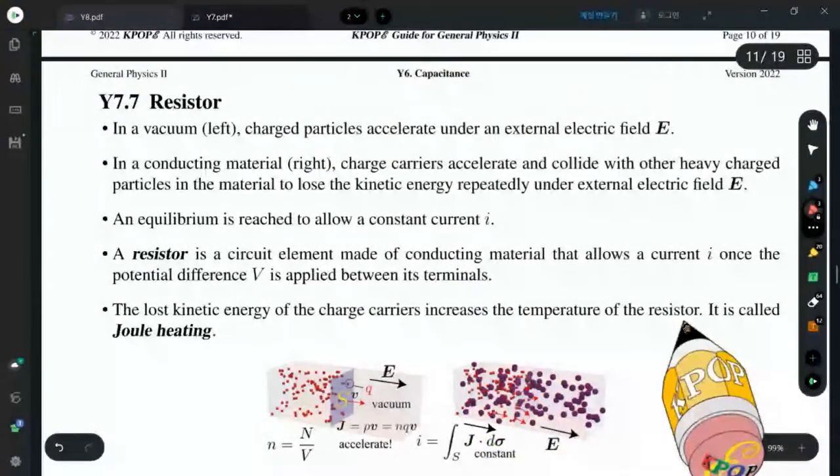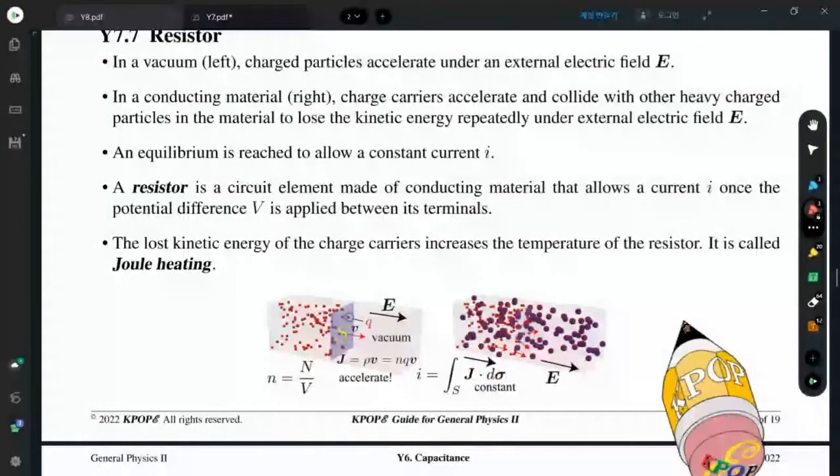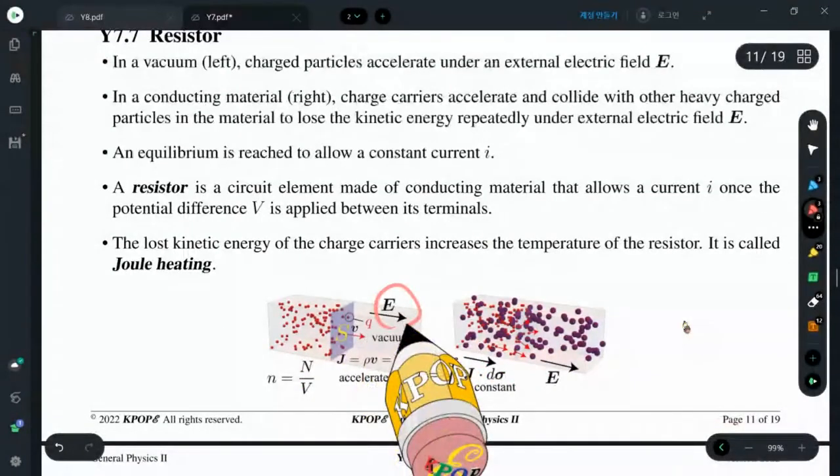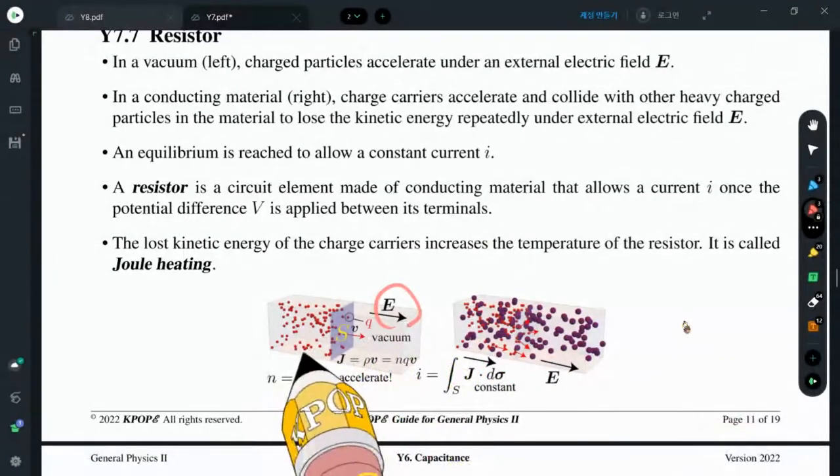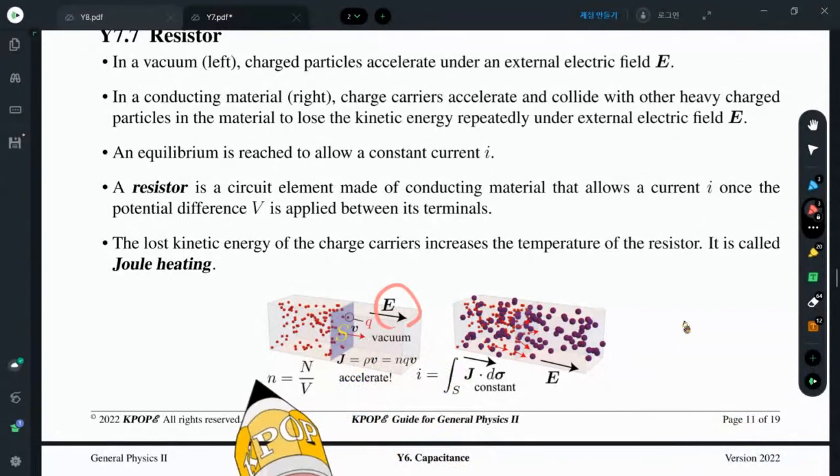Resistor. Once you have an electric field, a charged particle would accelerate.